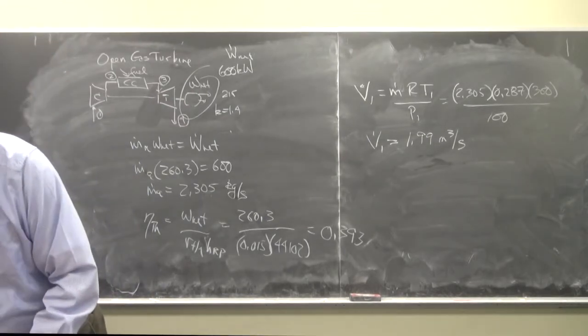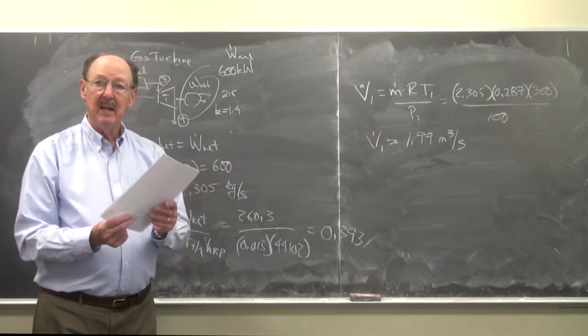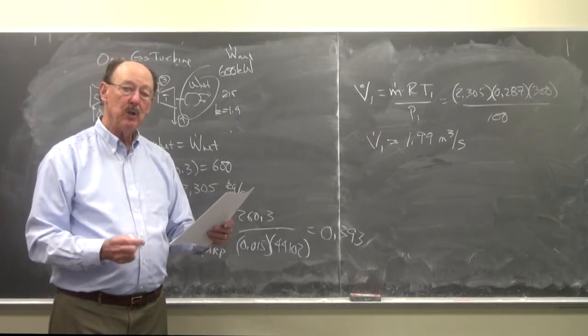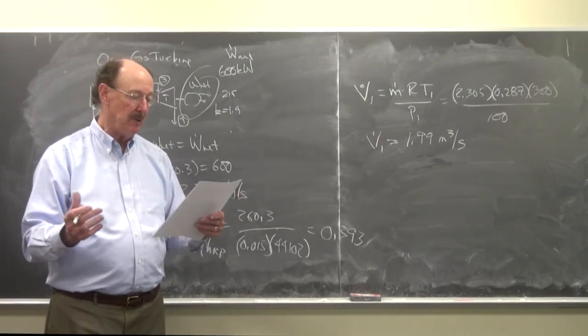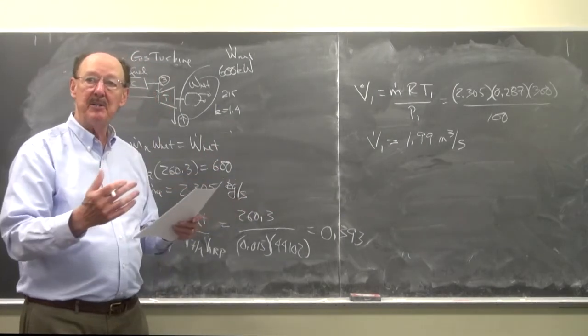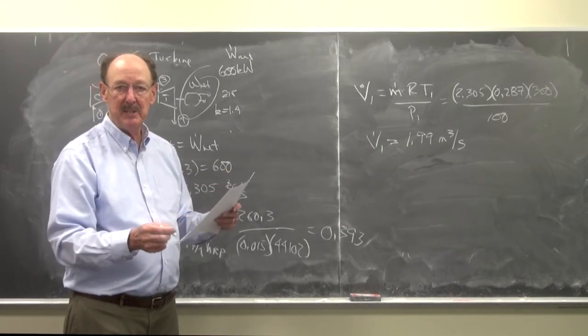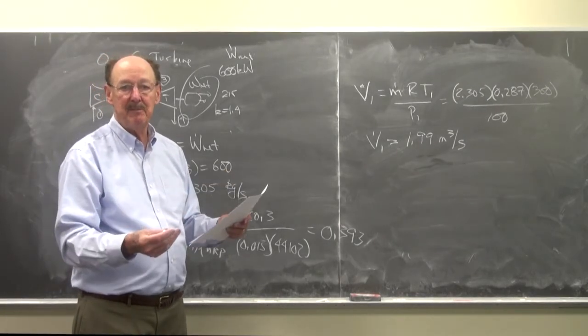And now what I want to do is continue on the discussion of open gas turbines, and we'll look at turbine efficiencies. We took an example, and now I want to look at an actual gas turbine with actual numbers associated with its performance, and we'll calculate the efficiencies.